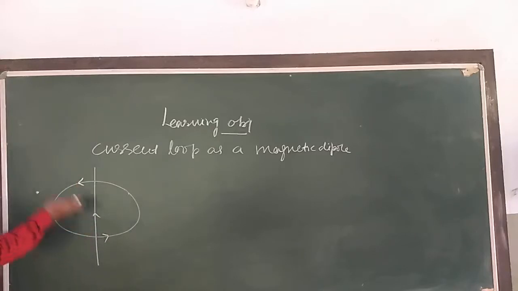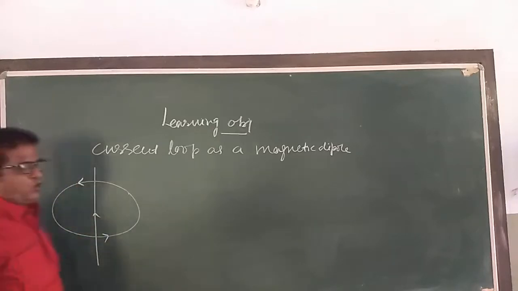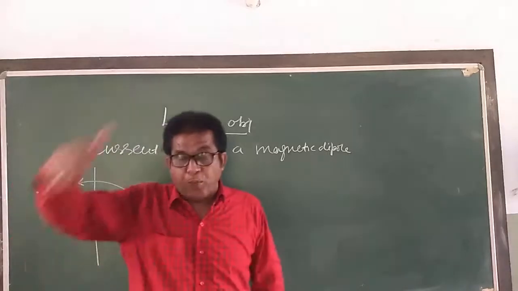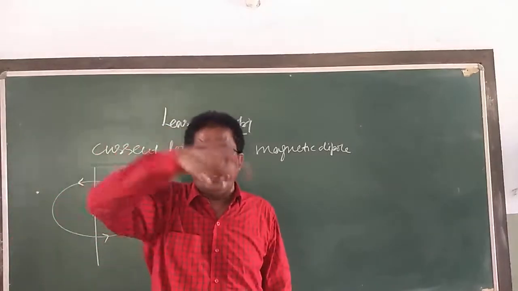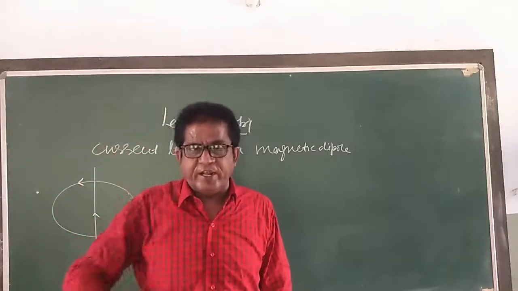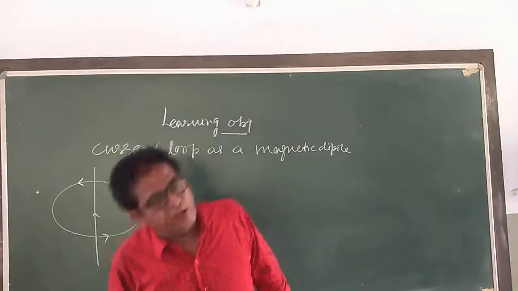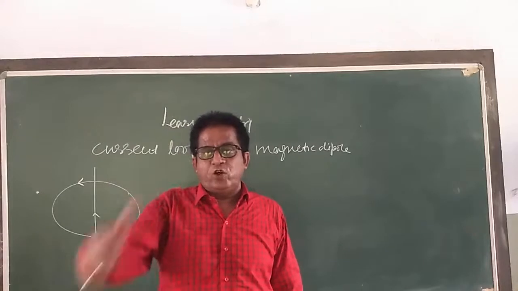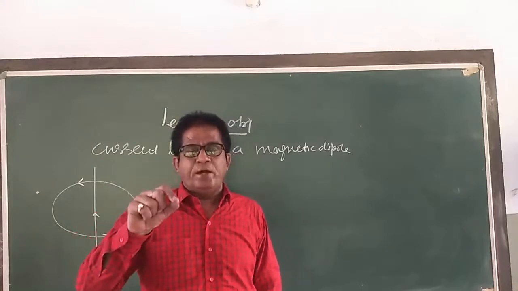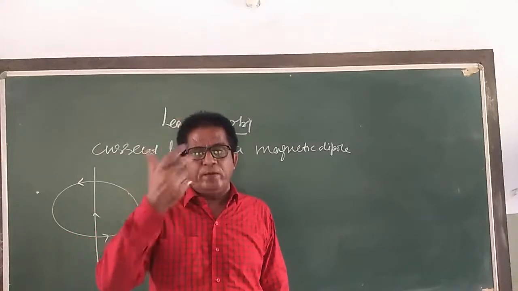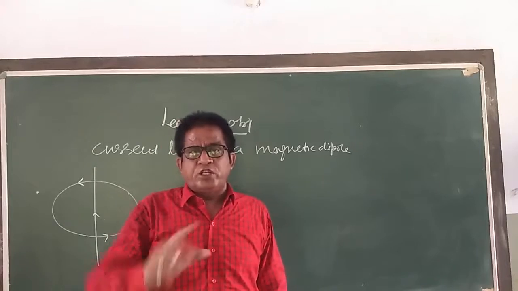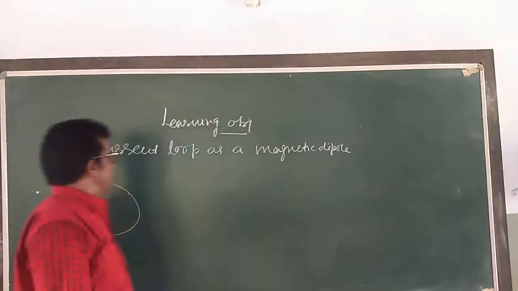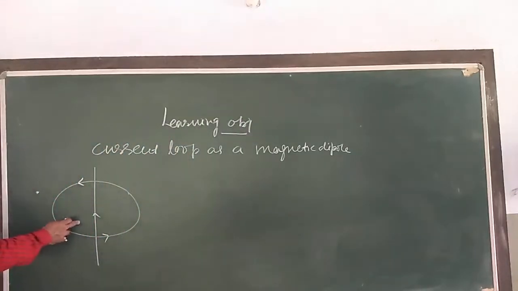When seen from above, current flows in anti-clockwise direction, but when seen from below, it will be clockwise. You can draw a circle on a single paper and see from above and below. You see the direction is different.